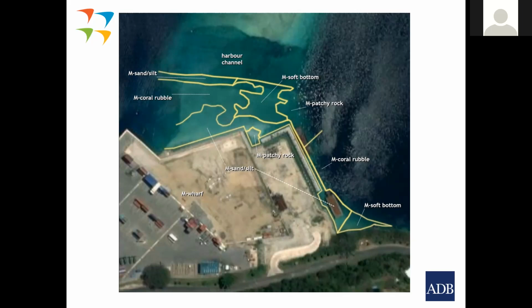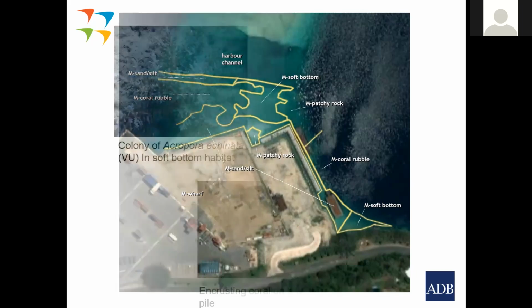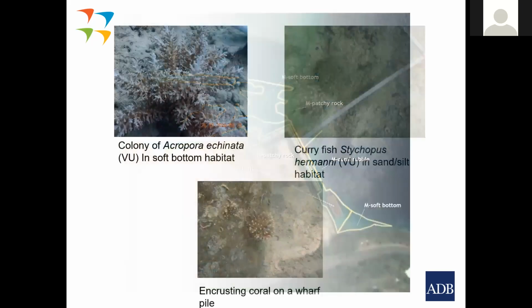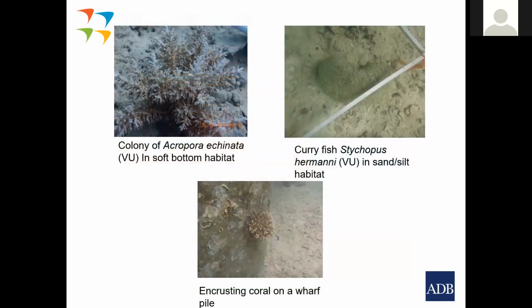So even in a modified habitat, you can have significant ecology. And we considered that some of this ecology was significant, even though it was modified. And as a result, it was recommended that a coral translocation was undertaken to remove some of these corals to another location, just to ensure that we're not losing existing biodiversity.